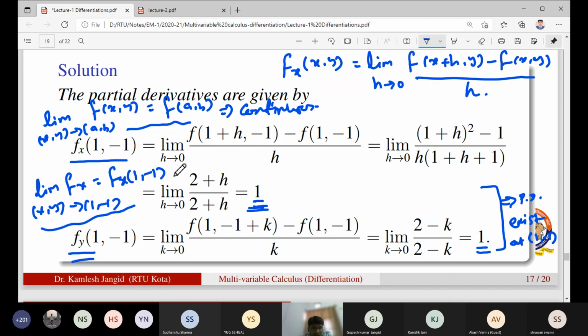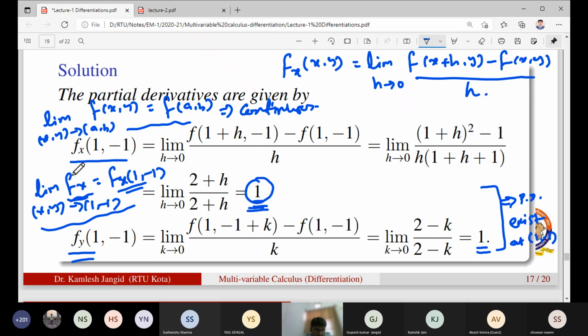If this condition holds, then we can say that our partial derivative fx is continuous at the point (1, −1). Similarly, you can check whether your partial derivative fy is continuous or not. Next we find fx, because we know the value of the partial derivative at the point (1, −1) is equal to 1.